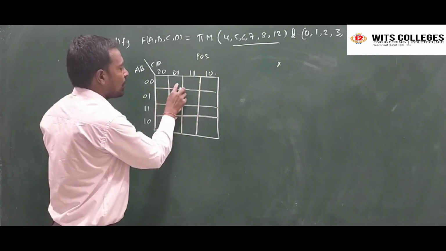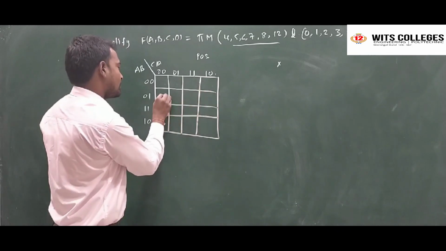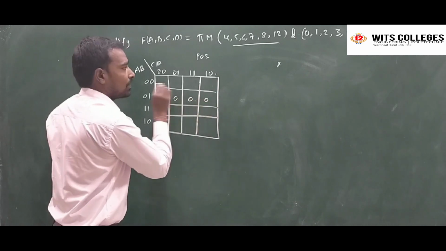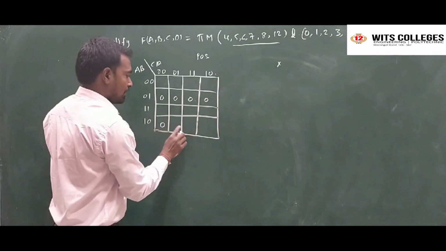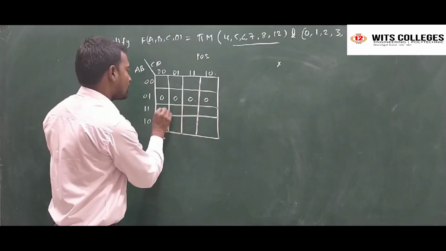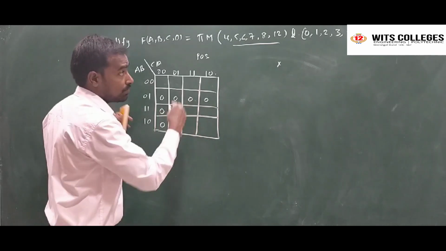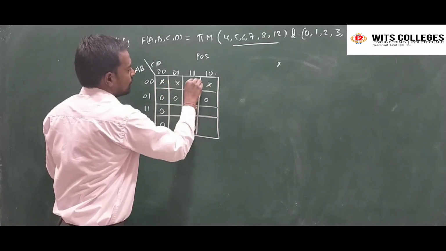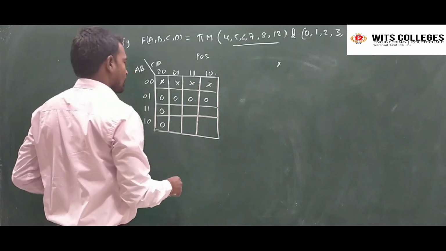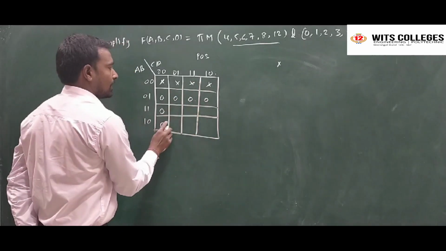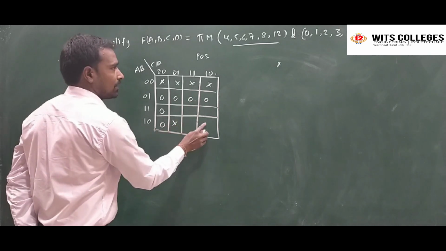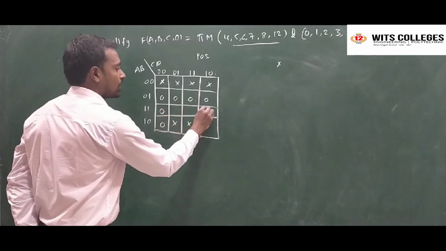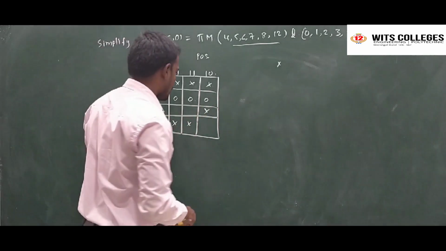Okay, so this is 0 1 2 3 and 4 is there, so 4 5 and 6 and 7 and 8 9 10 11 12. So these are the actual variables, and the don't care variables are 0 1 2 3, 9, 11, and 14 is there, and 15 is not there.